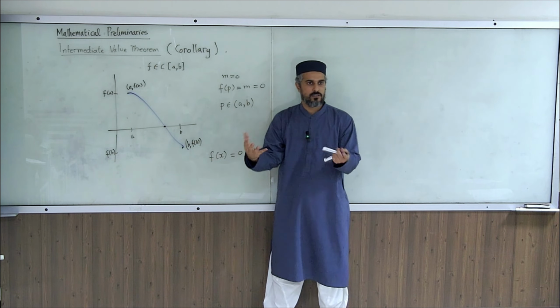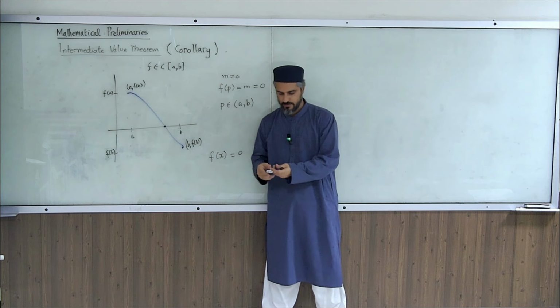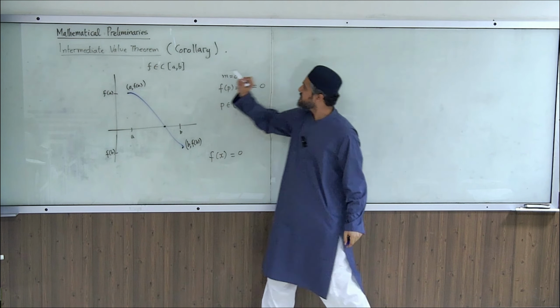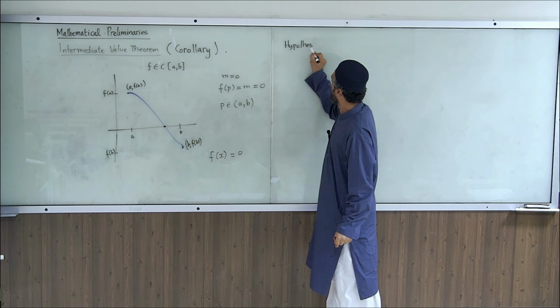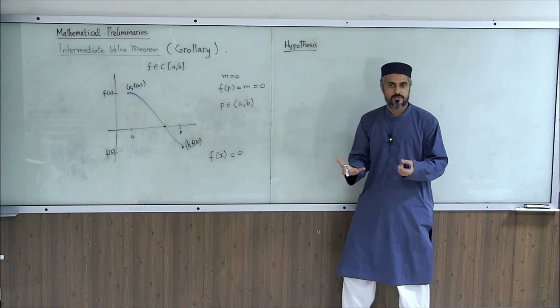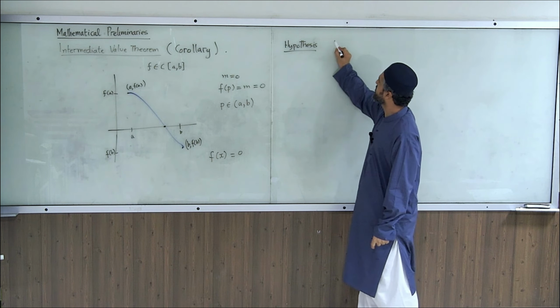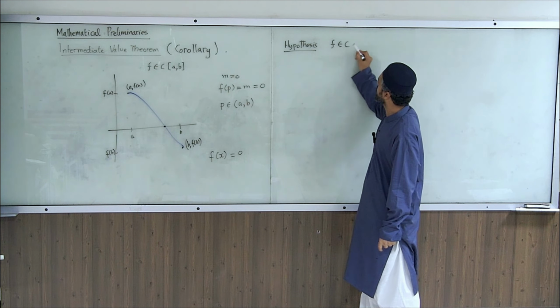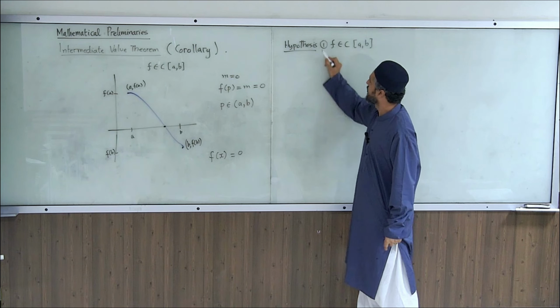First let's collect that information together and then summarize it. Our first condition is, these are called hypotheses. So for some conditions you conclude something. The first thing we say: f is a continuous function on the interval ab. This is the first condition.